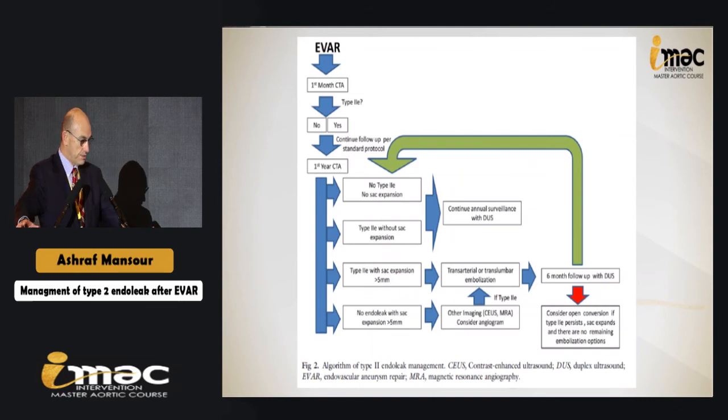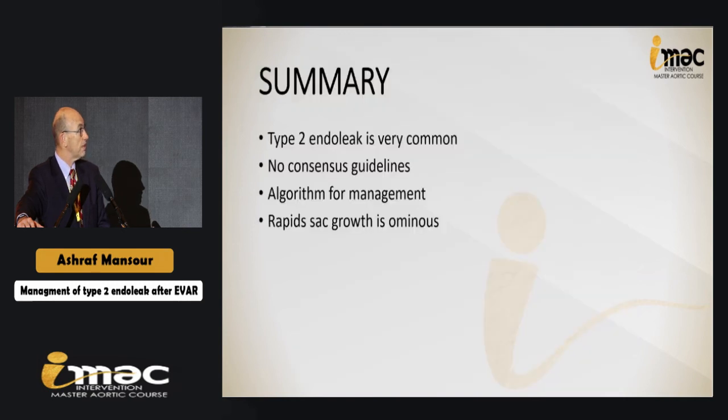There's been a recent paper in the Midwest Vascular about a month ago that talks about aneurysm sac expansion of more than half a centimeter in 6 months or more than 1 centimeter in a year as a solid indication to intervene, because in those patients the risk of rupture is pretty significant. Once you develop an algorithm and follow the patients, I think this should be followed, and sometimes you have to get more than one modality to image this.